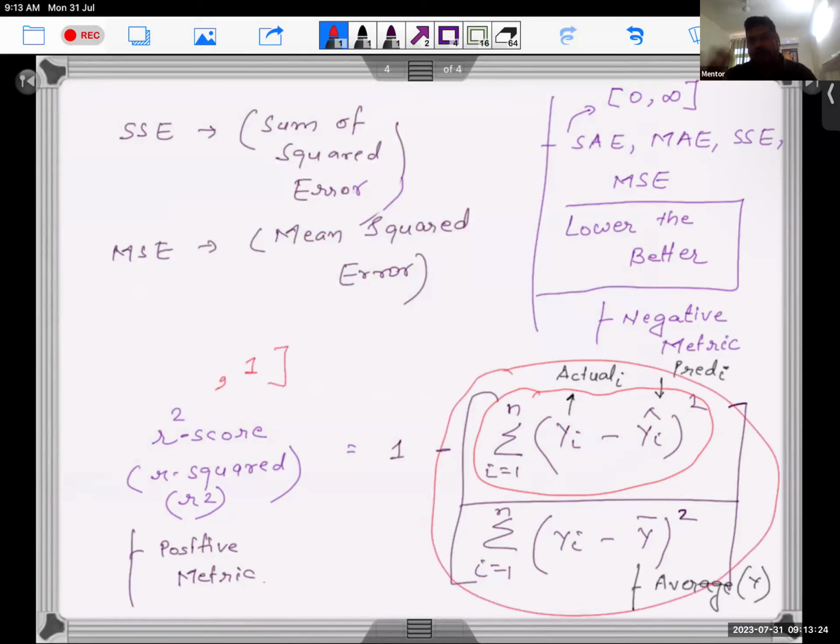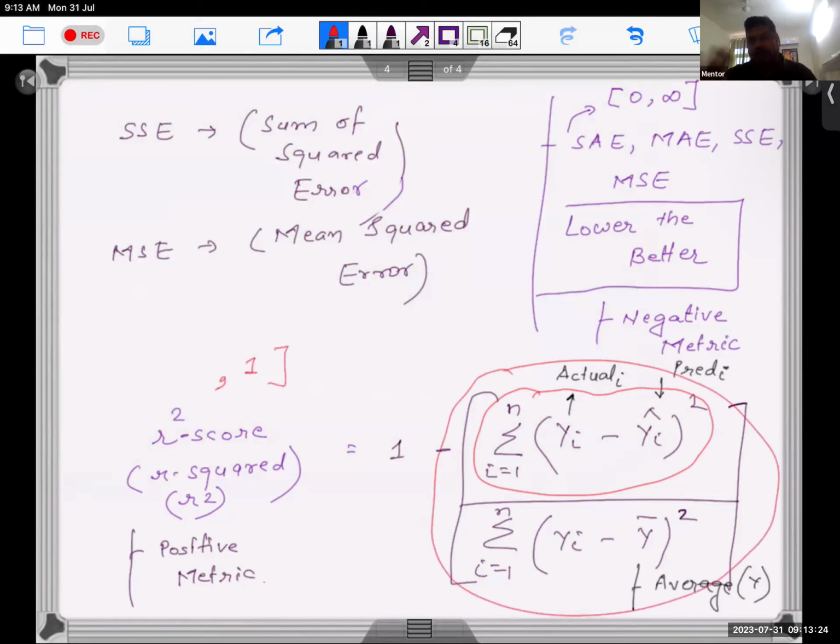Standard deviation is the square root of the average squared deviation from the mean. You are doing it for every sample: 2 minus 3 whole square plus 3 minus 3 whole square plus 4 minus 3 whole square plus 5 minus 3 whole square.